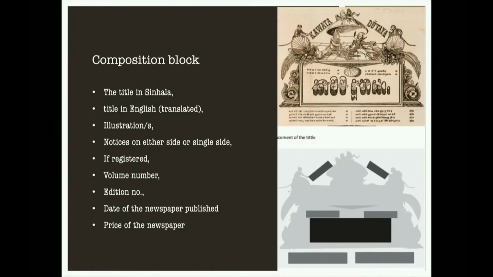And in that, these components, like the title, the Sinhala title, and we'll always have an English translation, illustration or illustrations with it, and notices on either side of the newspaper. It would also denote if it's registered, the volume number, edition number, date of the newspaper published, and the price. So these are all the components, but I'm right now only focusing on the letter.